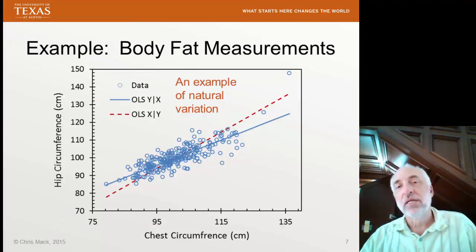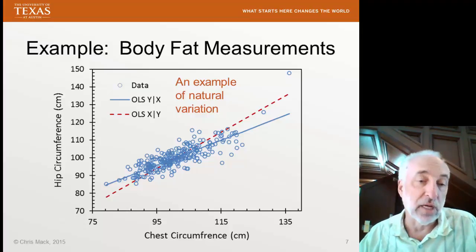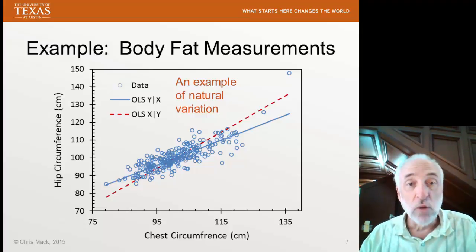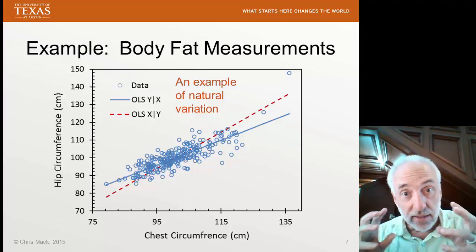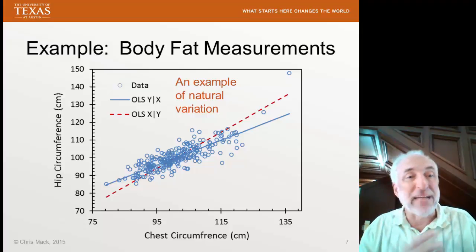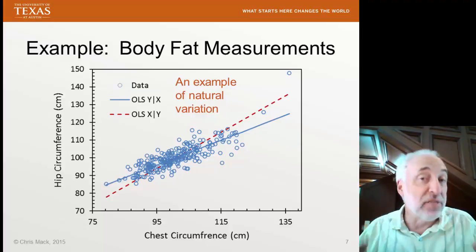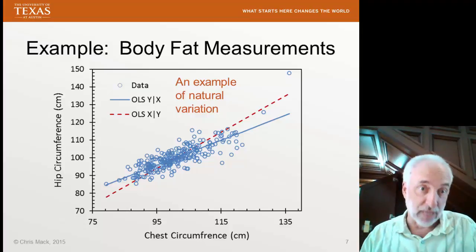Here's an example. This is from a study that was done a long time ago, not that long ago, I guess, but kind of a famous study where they measured a whole bunch of people looking for metrics that were easily measured in a doctor's office that would give some indication of the amount of body fat on a person.